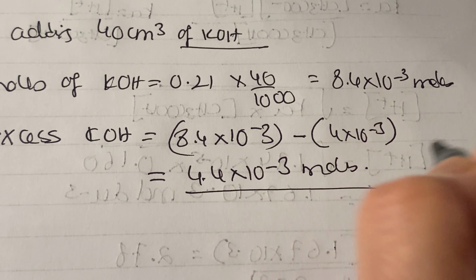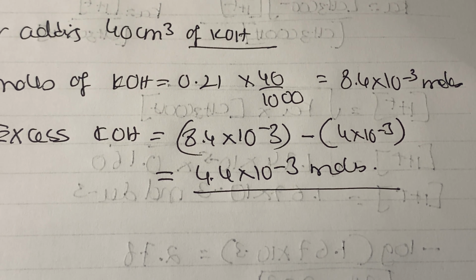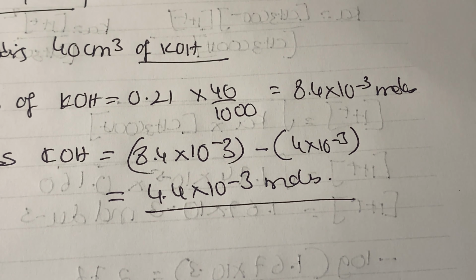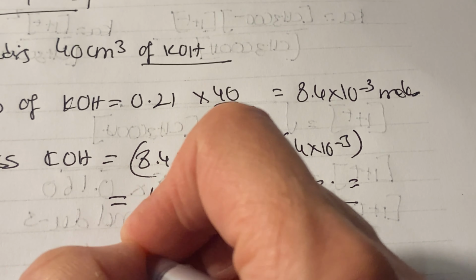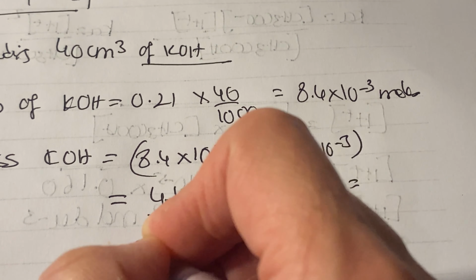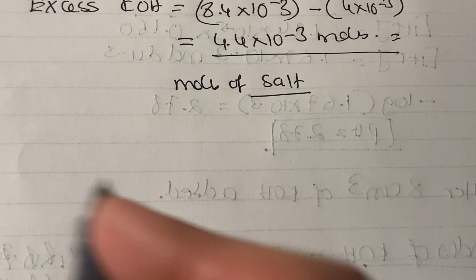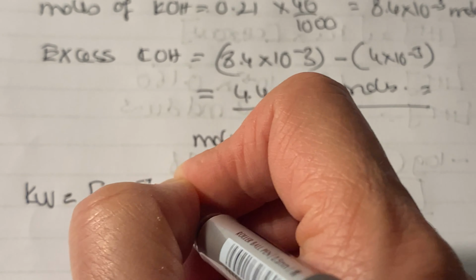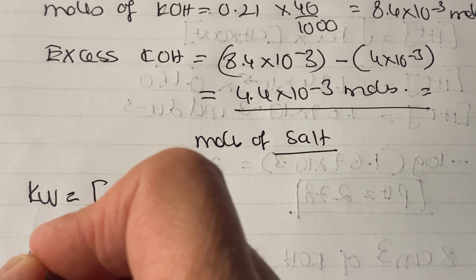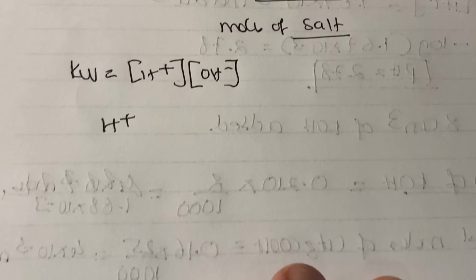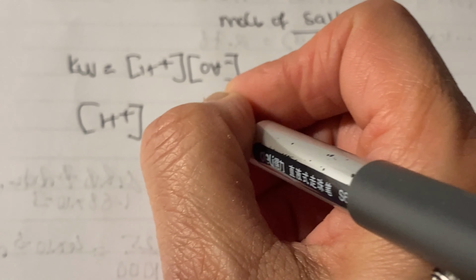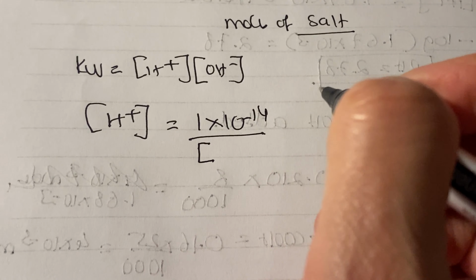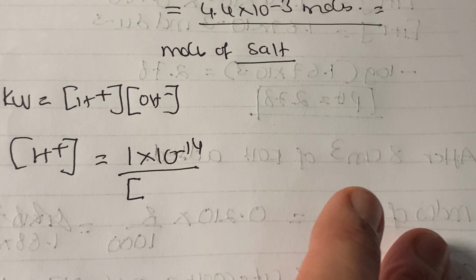Okay, so that's moles of potassium hydroxide, and also moles of hydroxide ions. All right, then you have to use Kw equals [H+] times [OH-]. So if you rearrange this equation, you end up with [H+] equals 1 × 10^-14, which is Kw, divided by the concentration of hydroxide.